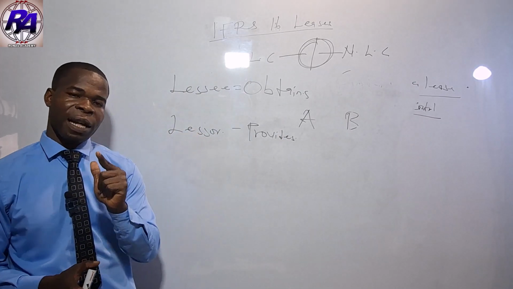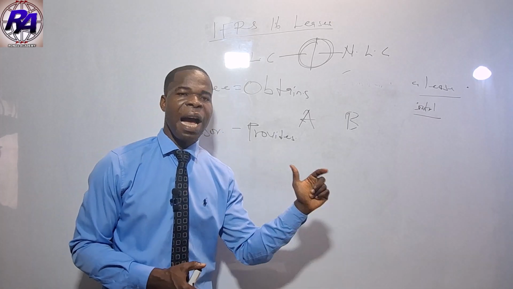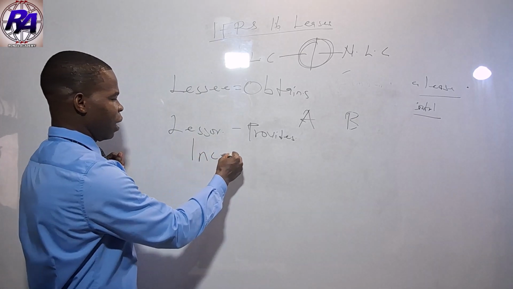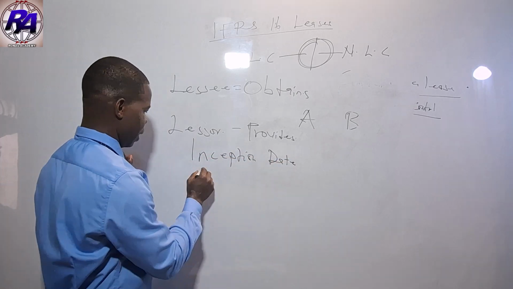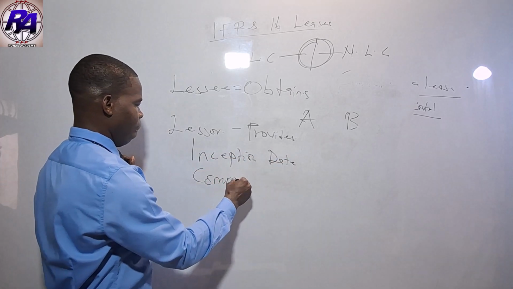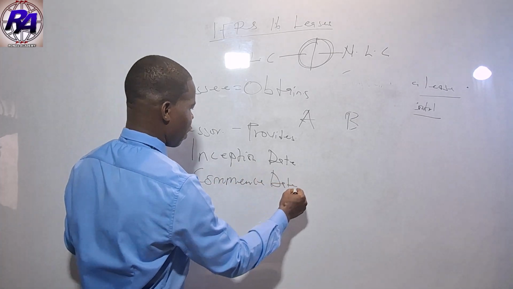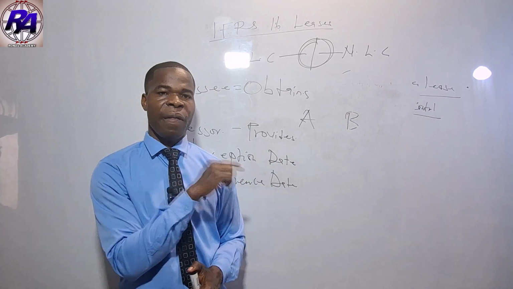Now, we also have to look at terms that we will be using often: the commencement date and the inception date. We want to look at the difference between the inception date and the commencement date. Generally they are different, but in certain circumstances they can be the same.